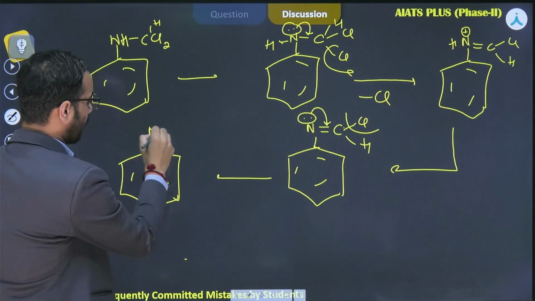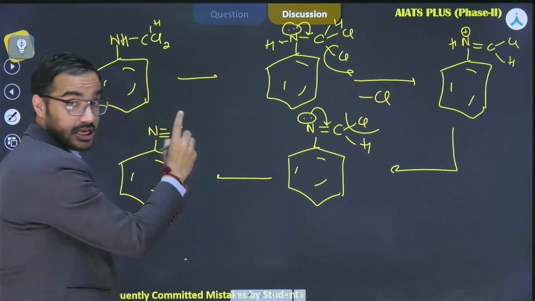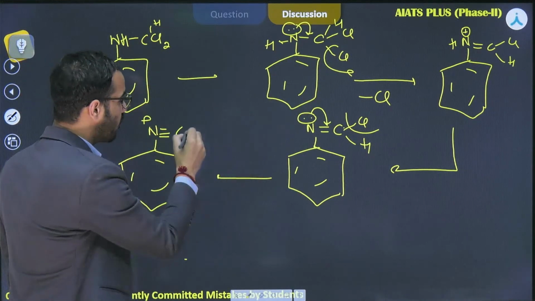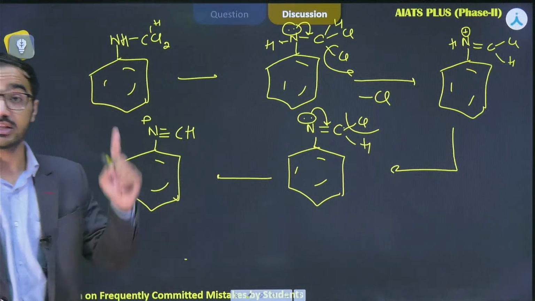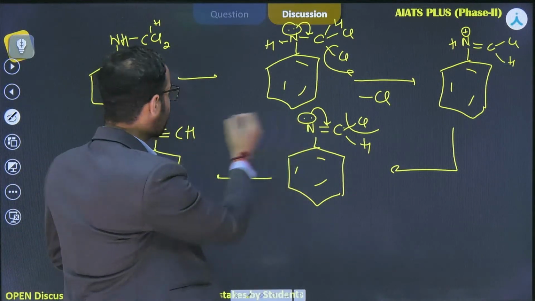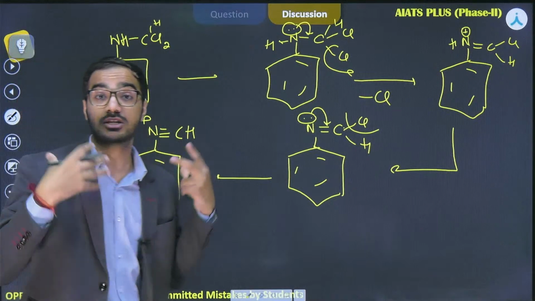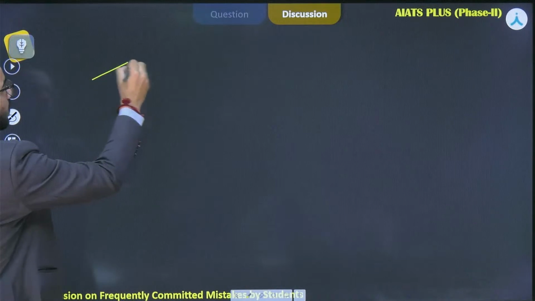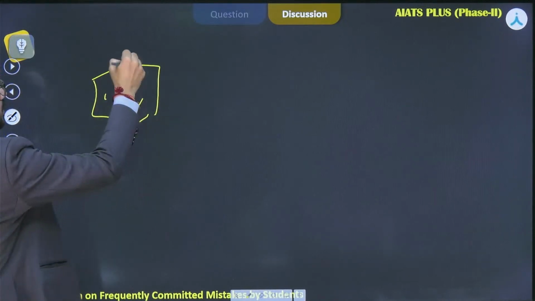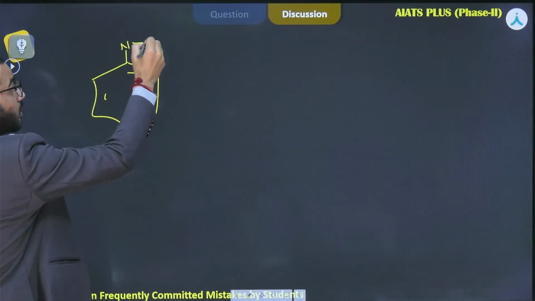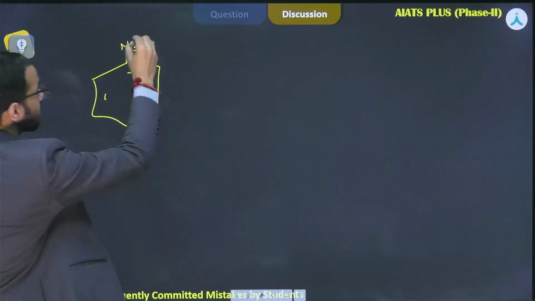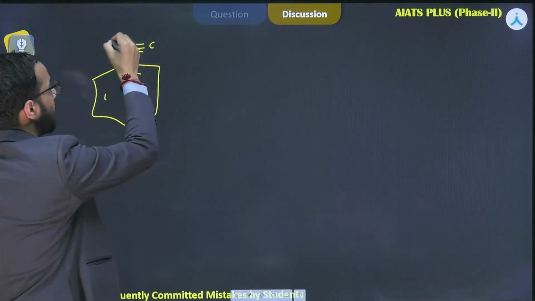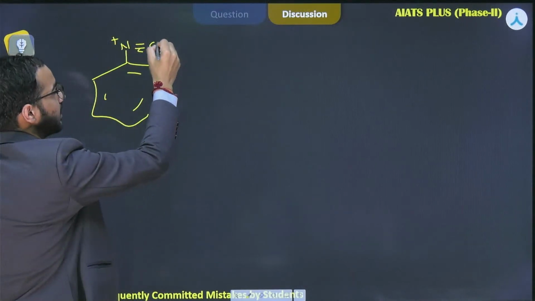a product called N triple bond C. The positive charge comes over the nitrogen and the Cl will be removed, and you will be having the hydrogen. The Cl negative removed will take this proton, or we can say that the presence of basic medium will abstract this proton and you will be having this N triple bond C. The positive charge is already here and hydrogen is there.